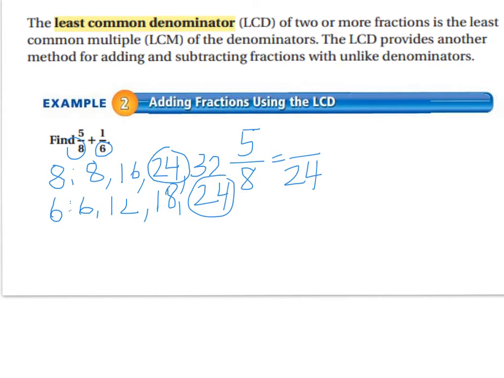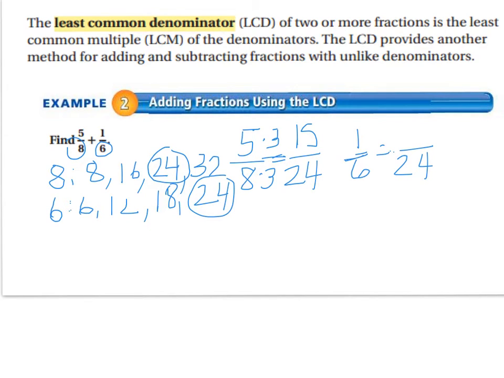So I'm going to multiply both the numerator and denominator by 3, which is really multiplying by 1, 3 over 3, so that I get 8 times 3 is 24 for my denominator, and 5 times 3 is 15 for my numerator. Doing the same thing with the 1/6, I know my denominator needs to be 24.